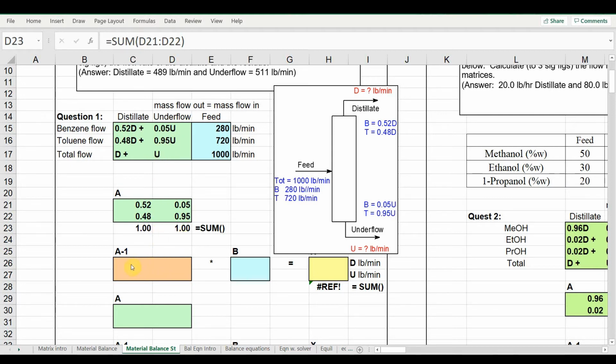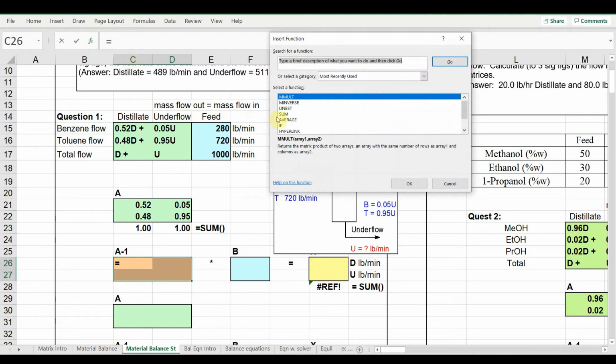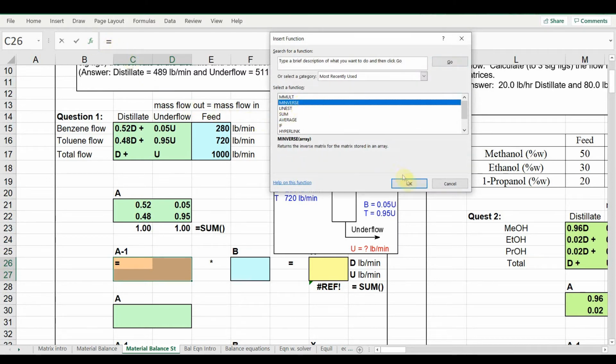Now we need to multiply the inverse of the matrix of the coefficients of the variables times the matrix of the constants. To create the inverse matrix, first select the array of cells where the matrix will be displayed. Then choose insert function. We want MINVERSE and say OK.